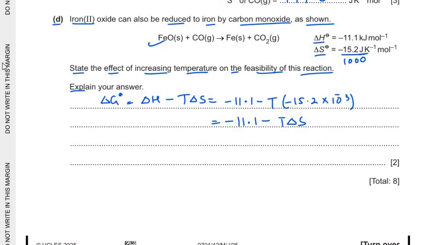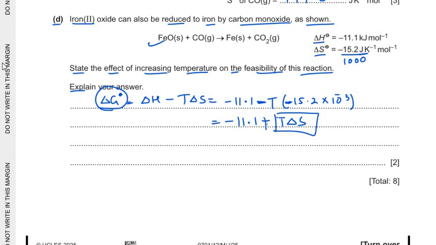Now the point is that if delta G is negative, then only the reaction is feasible. Now if we want delta G to be negative, then what happens to the second term here is that the negative and the negative value of delta S makes the second term positive.